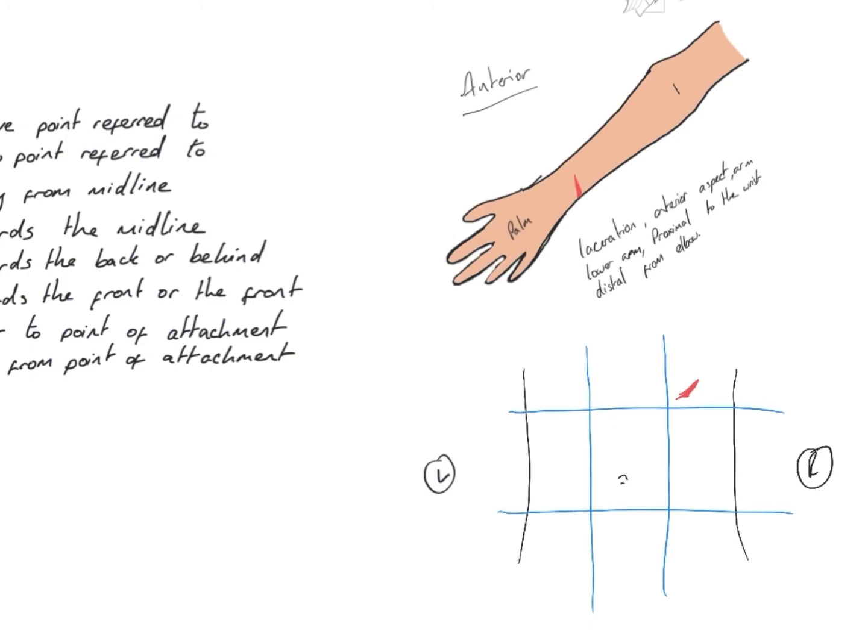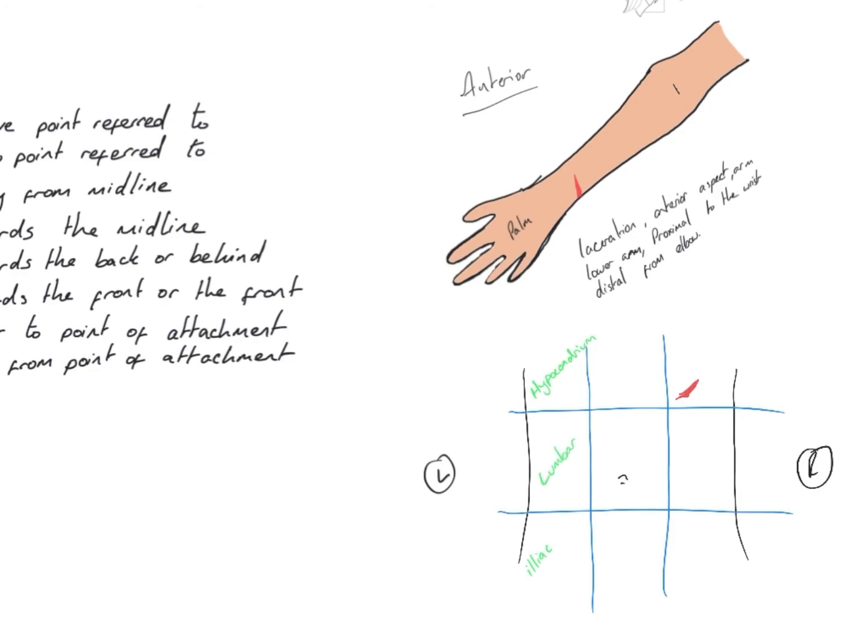And we do that by first of all breaking it down into 9 quadrants, and then each of these 9 quadrants has its own name, which I will show you now. So first of all, we start off up here with the hypochondrium, and down here with the iliac region. And then in the middle is lumbar.